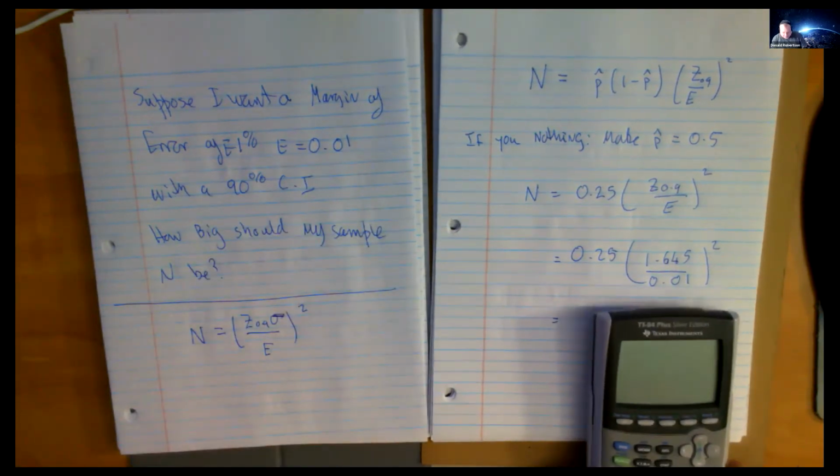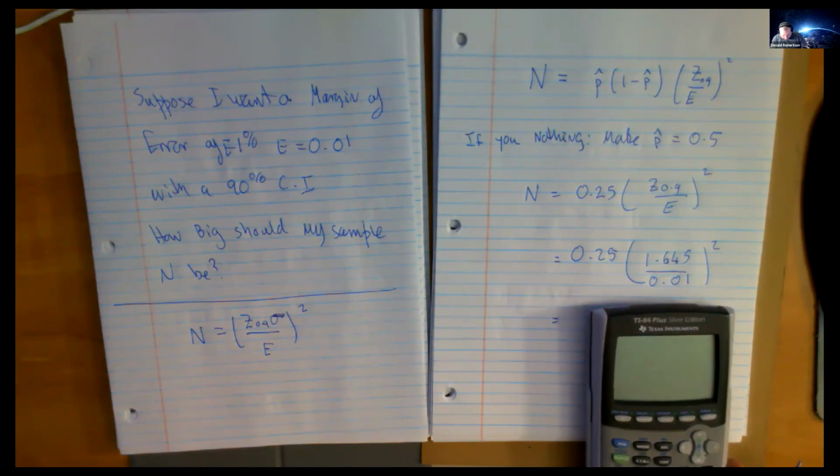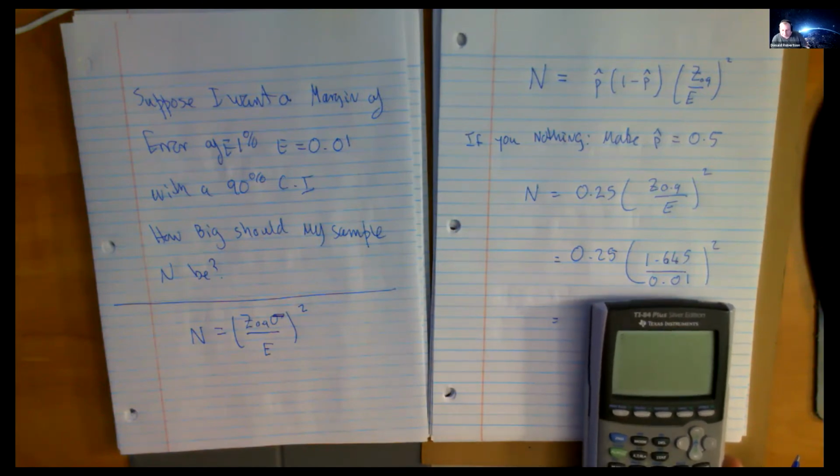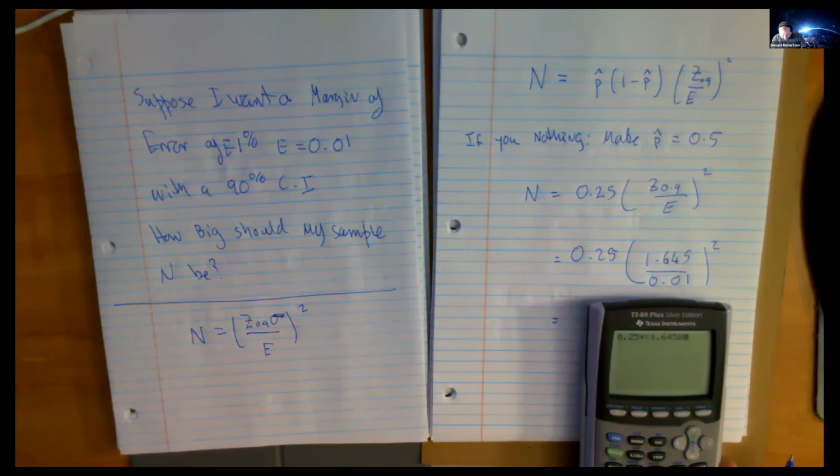Let's see what we get then. 0.25 multiplied by a bracket. Oh, let's try that again when you can see it. 0.25 multiplied by a bracket 1.645 divided by the margin of error squared.